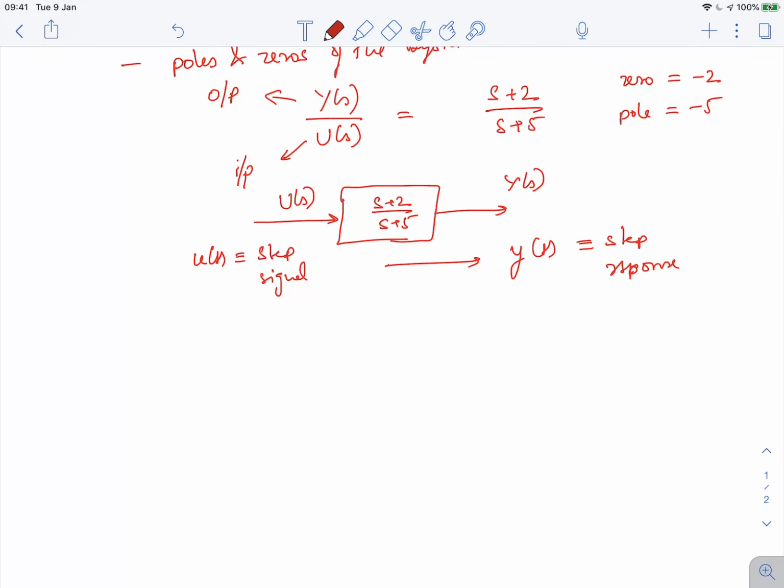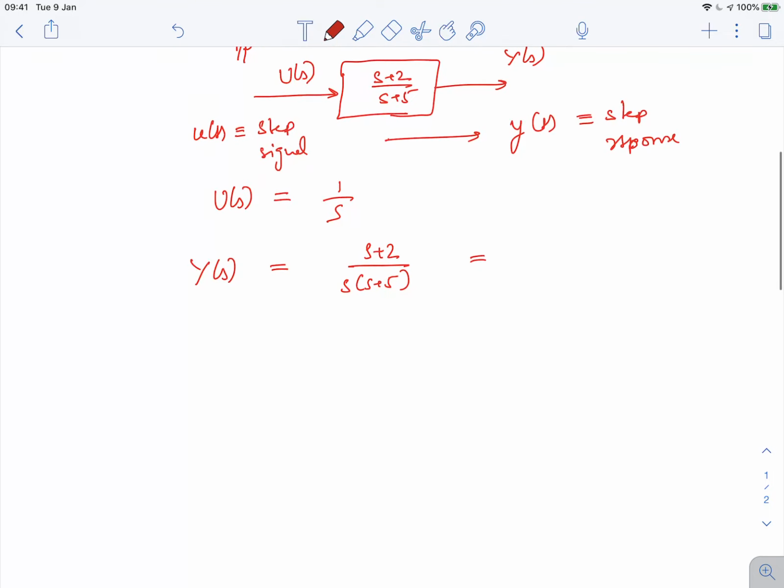Okay, now for the given step signal, we know that u of s is basically 1 by s, so we would have y of s as s plus 2 over s plus 5, times 1 by s. To compute the time response, by taking the Laplace inverse, first of all we do the partial fraction and then we directly take the inverse Laplace transform to finally write the expression in the time domain.